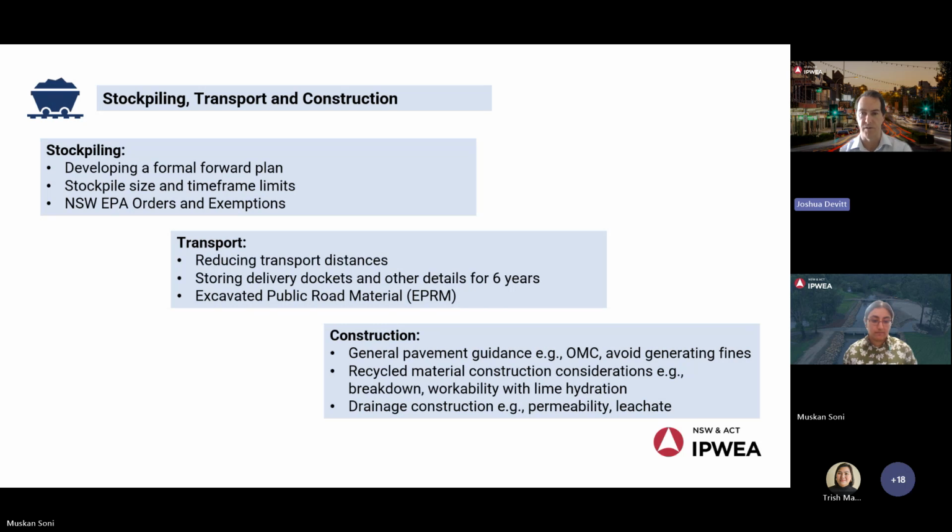So that's a good one if you want to calculate some of those transport impacts. But as I said, it really is more of a barrier in the regional areas where you've got to haul some of this stuff large distances. Having said that, have a look at that tool. It does give a pretty comprehensive overview of the sites that are available out there for these types of materials.